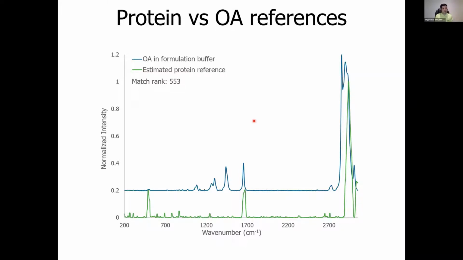We have the reference Raman spectra of the OA and the protein, but we want to go deeper. We want to know how much OA we have in our protein aggregates. So we want to have essentially a spectra for each unique composition of OA and protein aggregates.